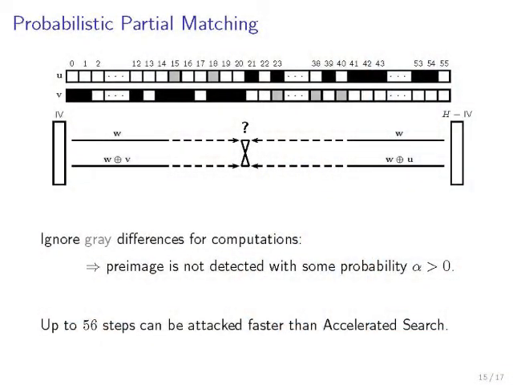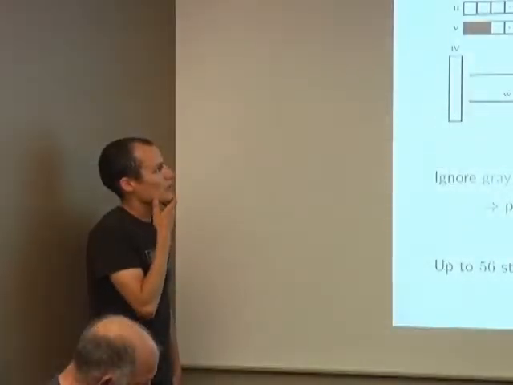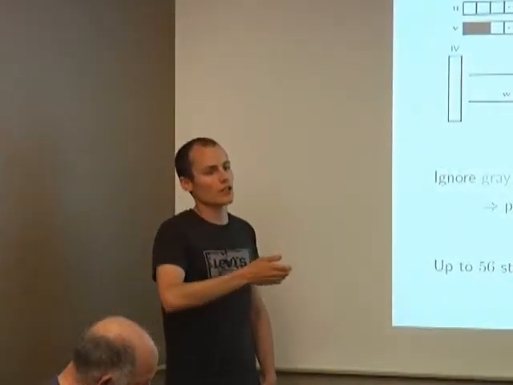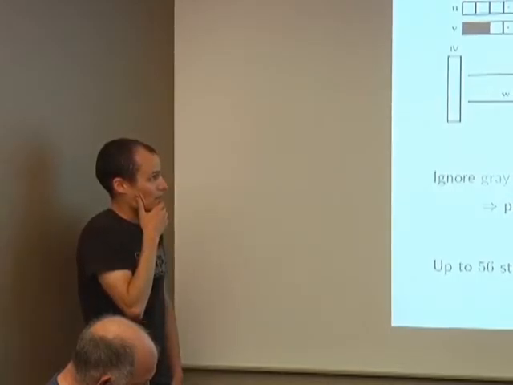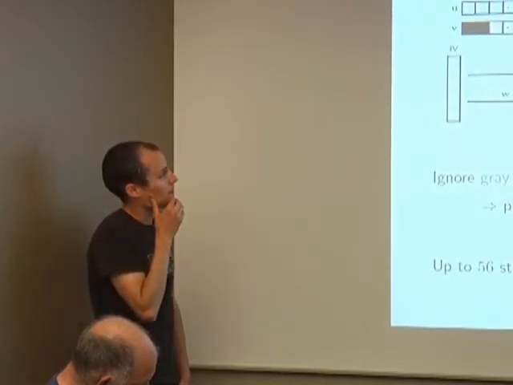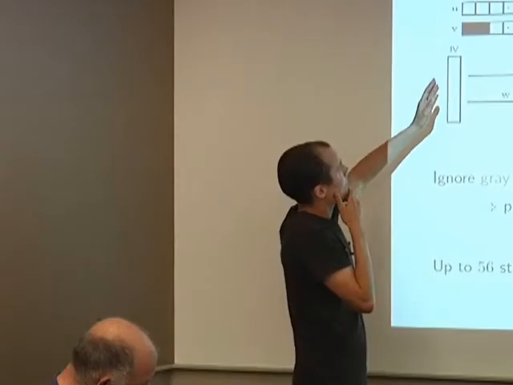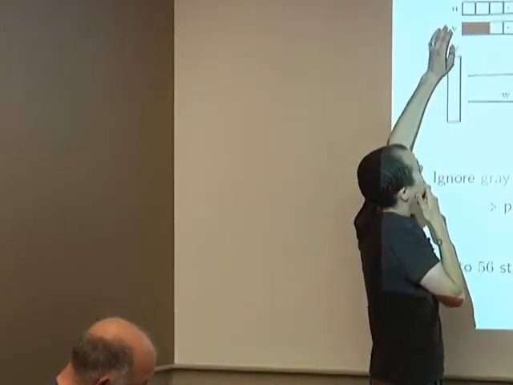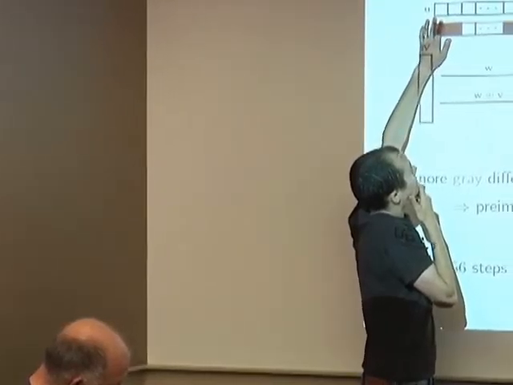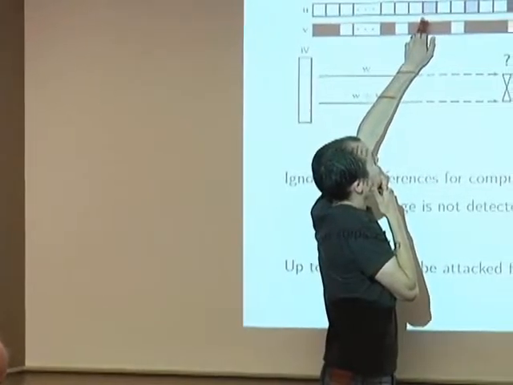And we will do it with a technique that we call probabilistic partial matching. Partial matching is a known technique, and we just extended it to this probabilistic variant. And what we do here is, when we look at the picture, we have this U difference that does not introduce differences in the first 15 steps.